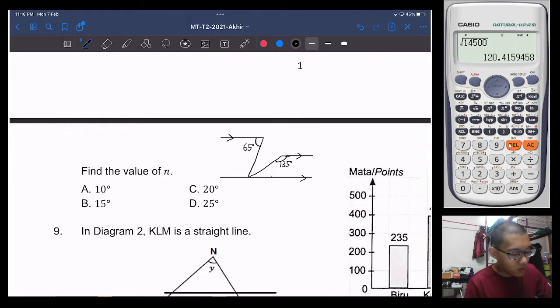So these three lines are actually parallel to each other. Can you see this one is parallel to this one, and this one, the horizontal lines. So we try to find out what n is. N is here. How do we find n?